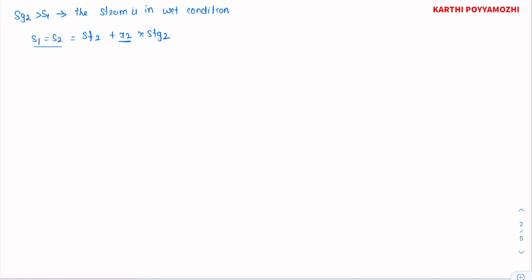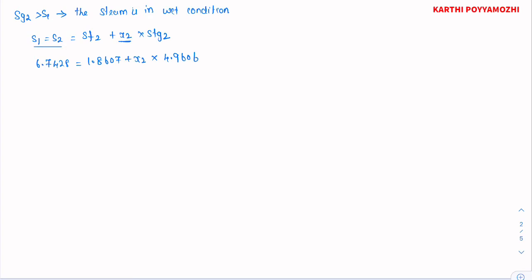The value of S1 is nothing but 6.7428, which will be equal to Sf2, which we have calculated from the steam table as 1.8607, plus X2, which is unknown, into Sfg2, whose value is again 4.9606.